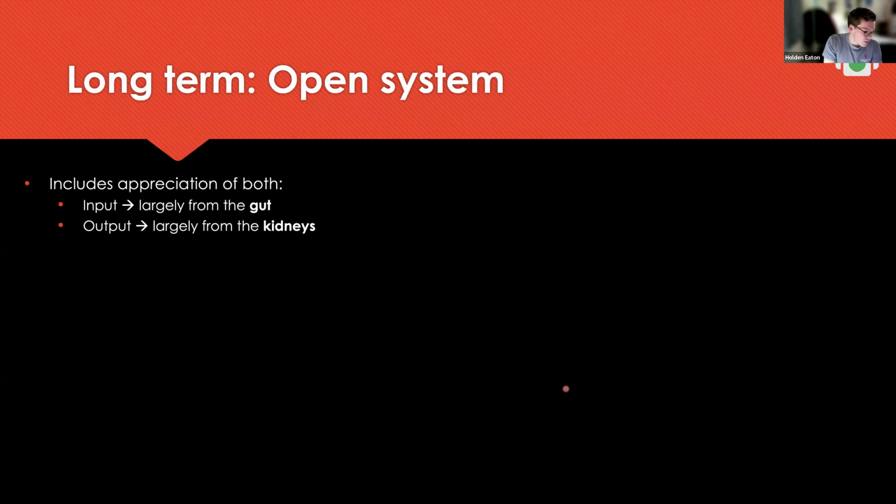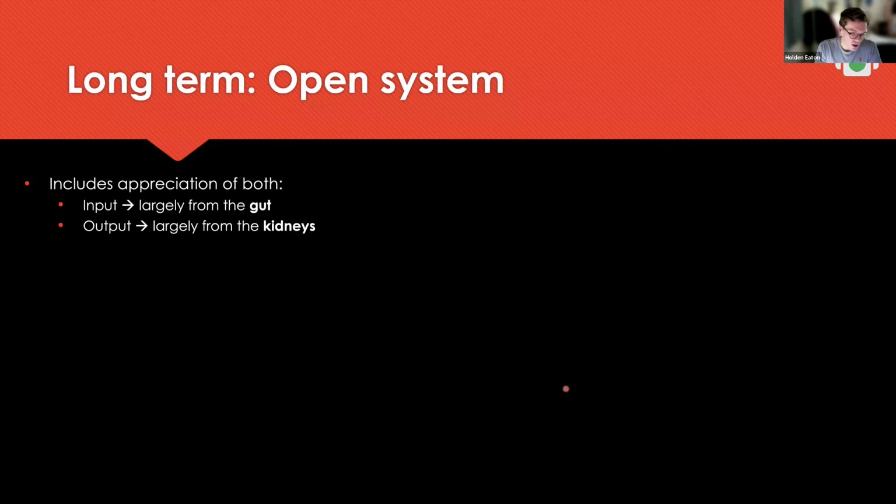Now, some would argue that long-term blood pressure regulation is the same as your short-term. It's just an extension of it. And by that, I mean your sympathetic tone, controlling your cardiac output, and your vascular tone are the most important factors.